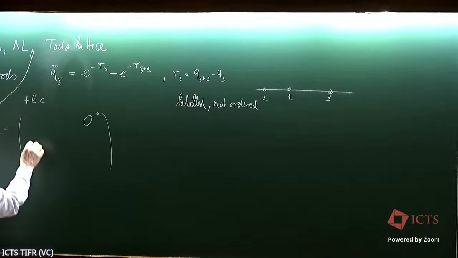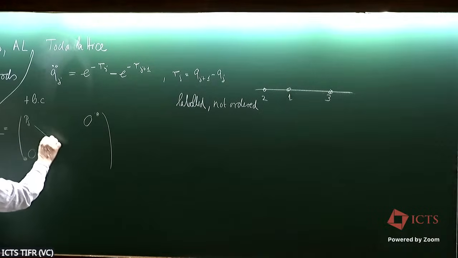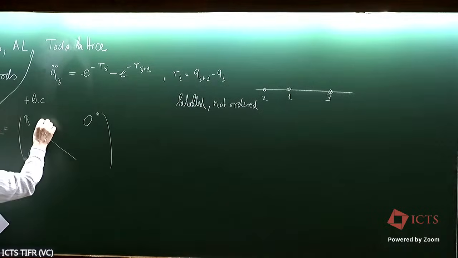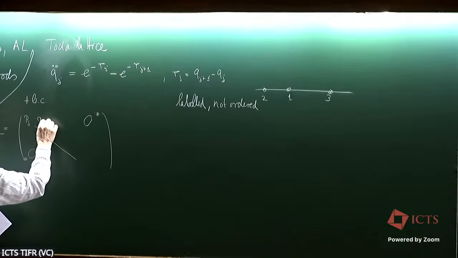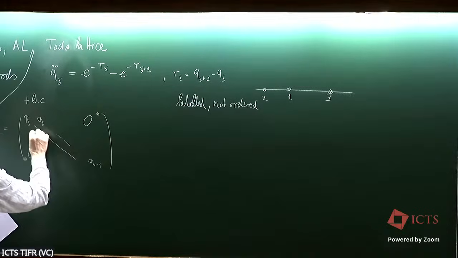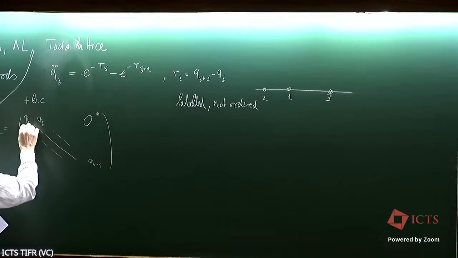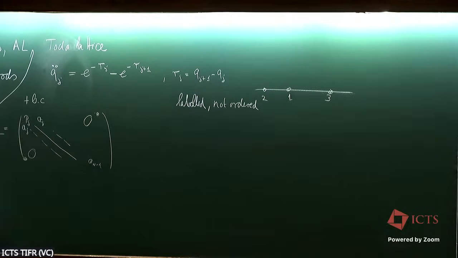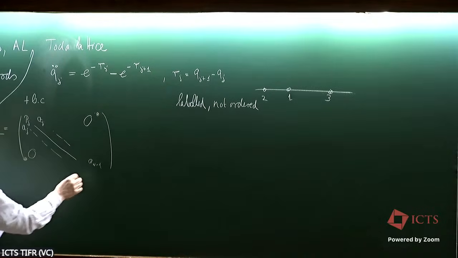The main point is that on the diagonal I put all the p_j's, and on the off diagonal I put the a_j's, j up to n minus 1, and here I do the same thing. So it's a symmetric, tridiagonal matrix, and what I have not defined for you are the a's.